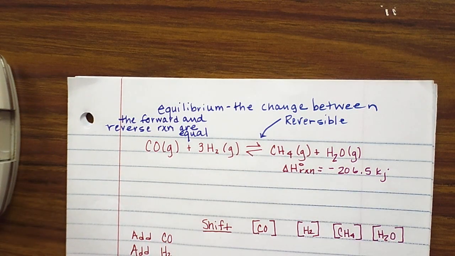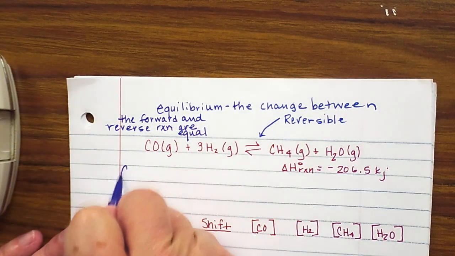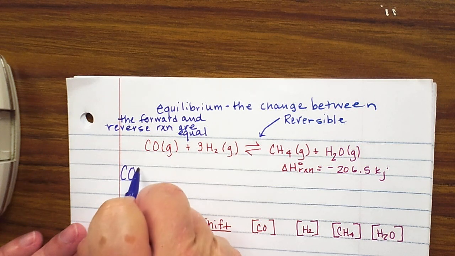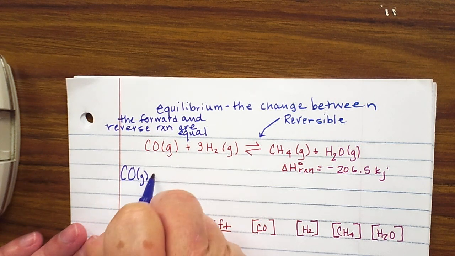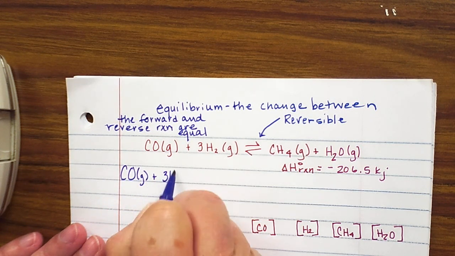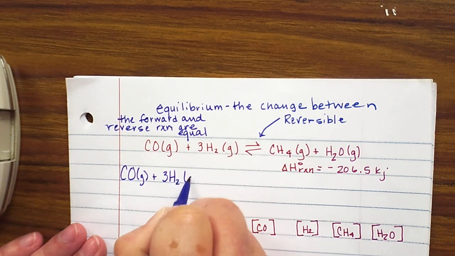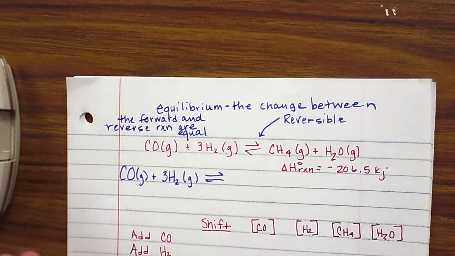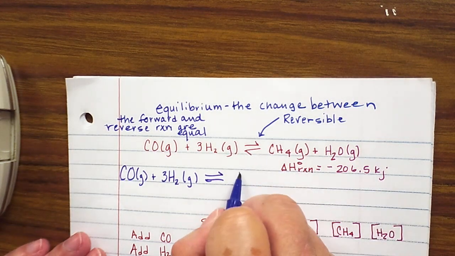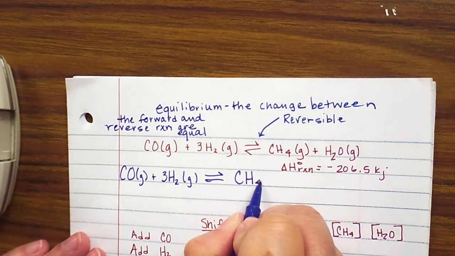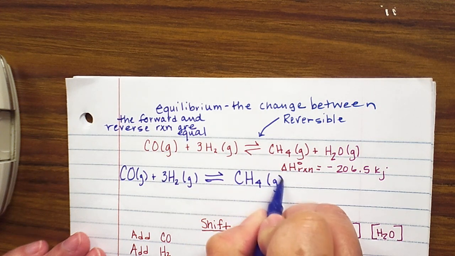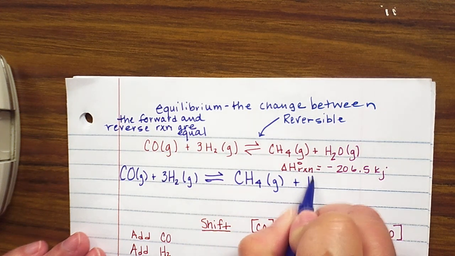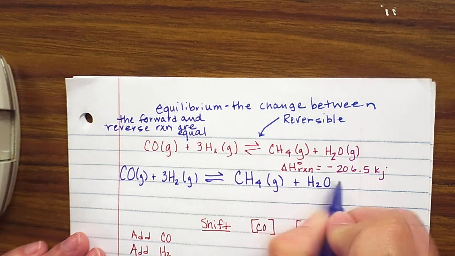So that means that, as we've seen, you could rewrite this as carbon monoxide gas plus 3H2 gas, and then our little equilibrium reversible arrows, CH4 gas plus H2O gas.